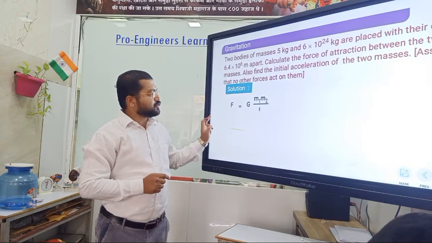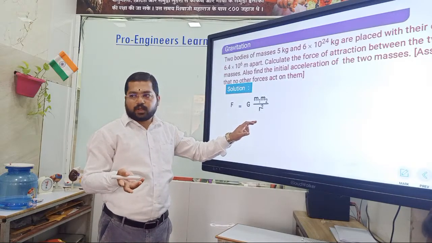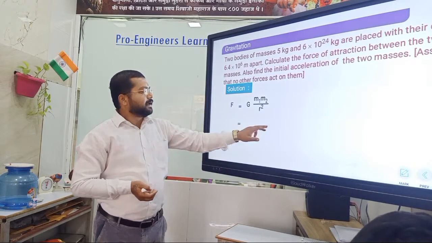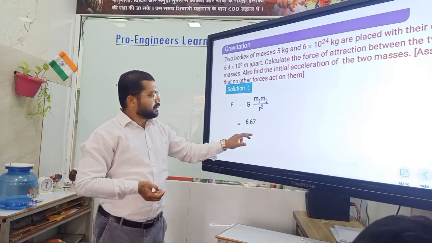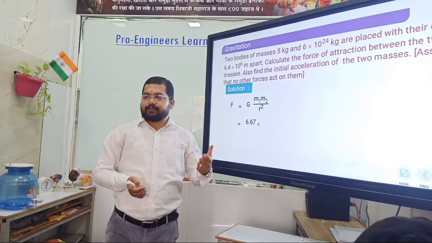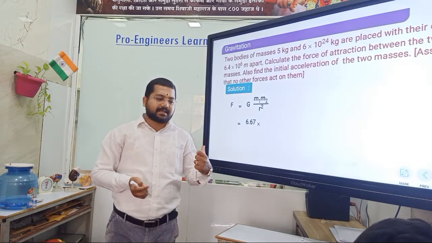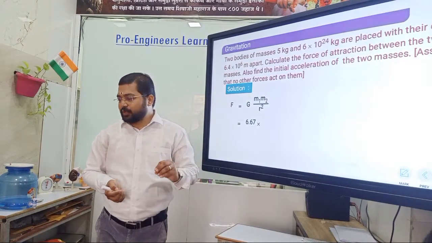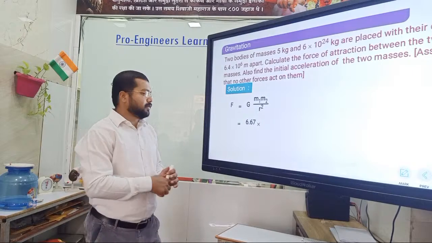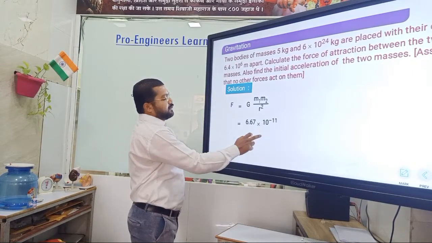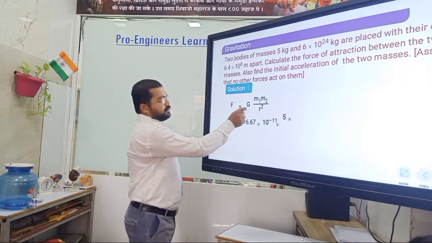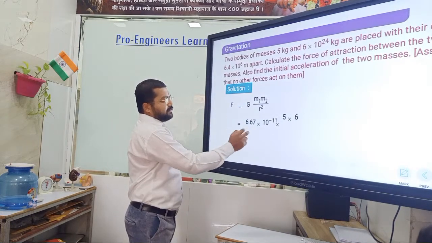Putting the values, you can also solve simultaneously and check whether your answer is correct or not. Writing from the screen is much easier, but solving by yourself will let you know whether you are right or wrong. So 6.67 into 10 raised to minus 11, the value of G we have written first.